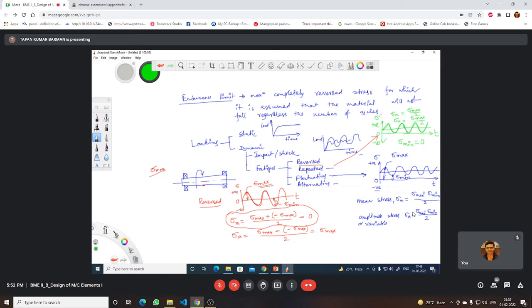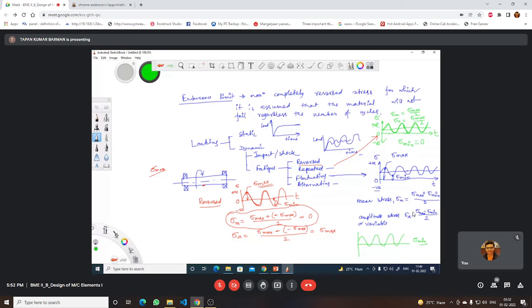What is alternating loading? Similar to this, in alternating loading, some part of the compression will be under this line, just like this. So for minimum stress, sigma minimum, there should be one value, but that is not same as this one.